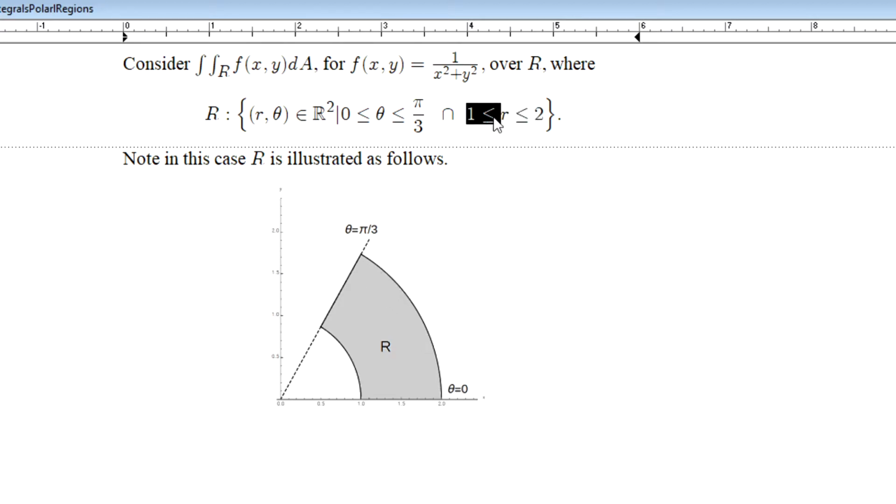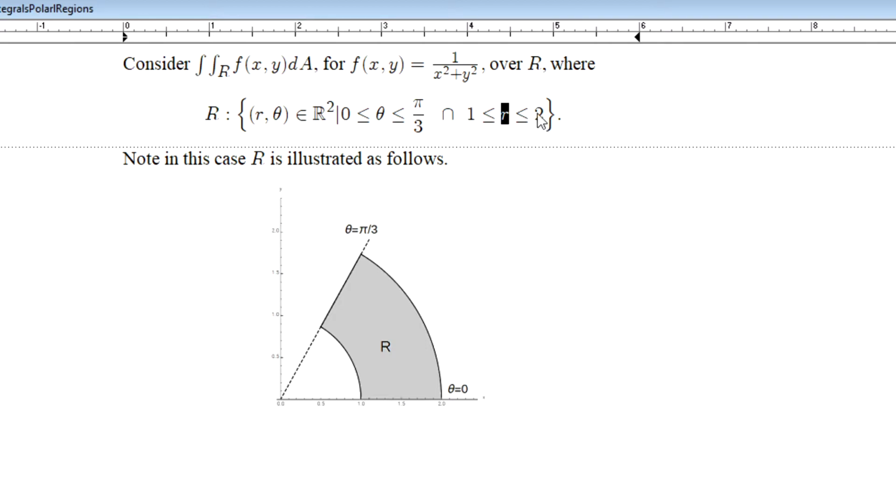If we think about these constant functions in the polar coordinate system, they describe graphs that would actually be circles. The polar function g of theta equal to 1 is a circle centered at the origin with a radius of 1, and we are looking at that portion of the circle from 0 to pi over 3.